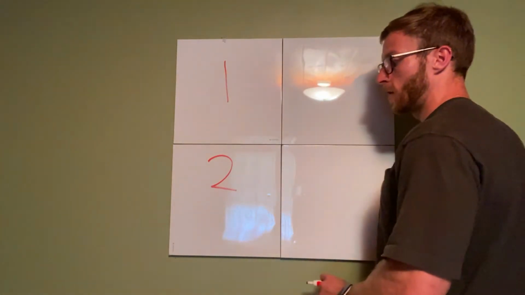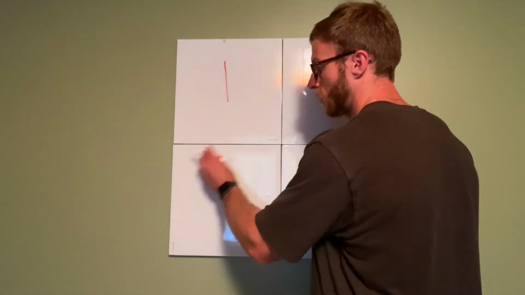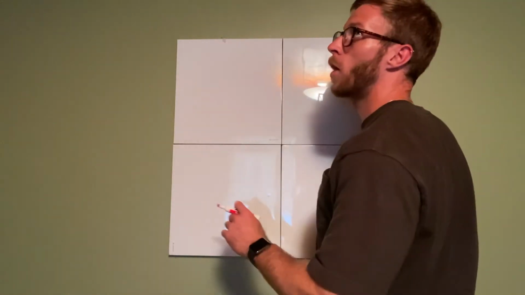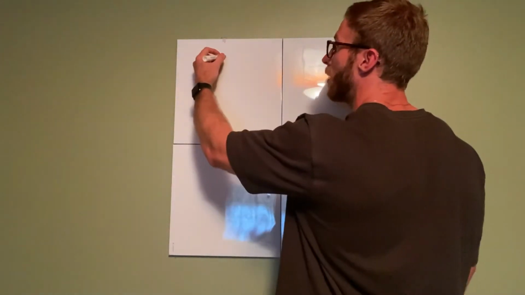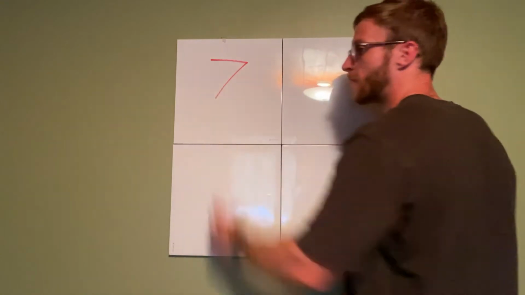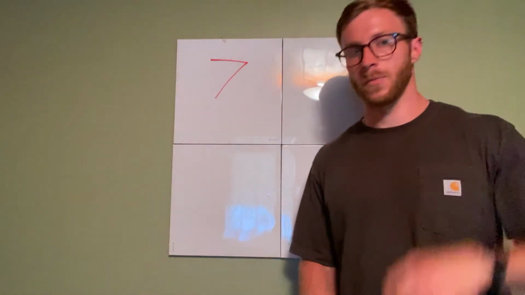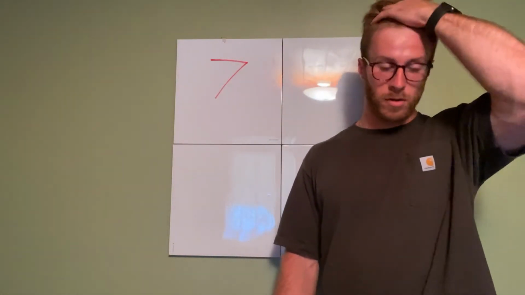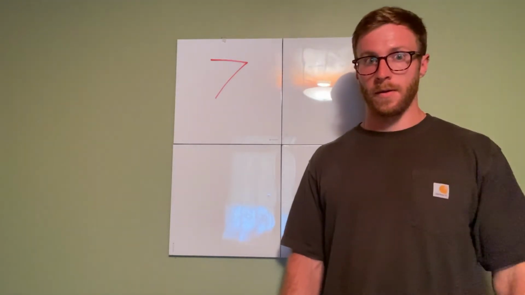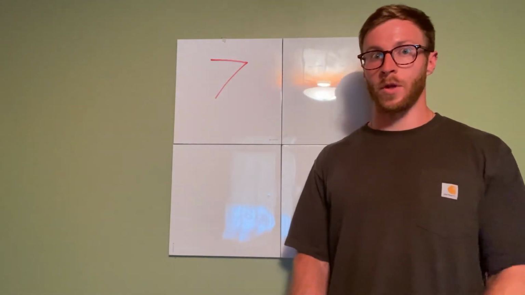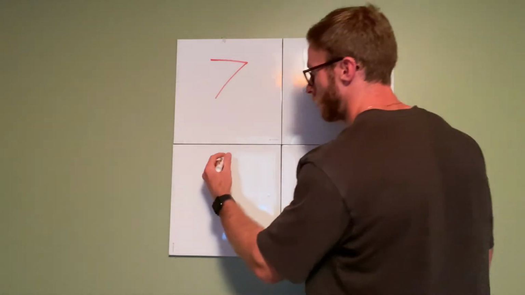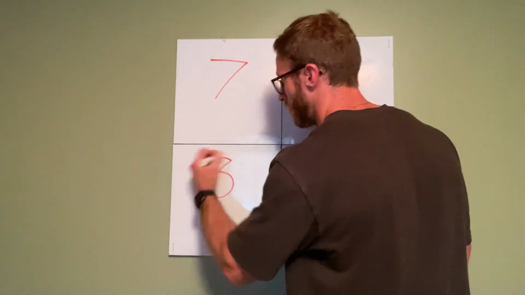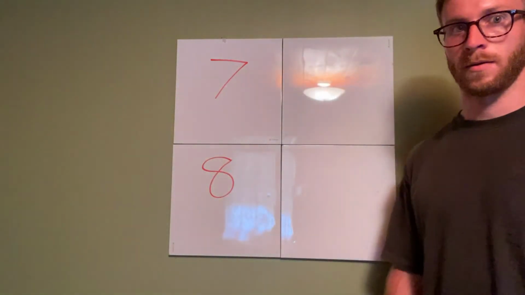All right, how are we doing with this? Let's do a couple more. What is one more than 7? What's the next number? One more than 7 is 8.